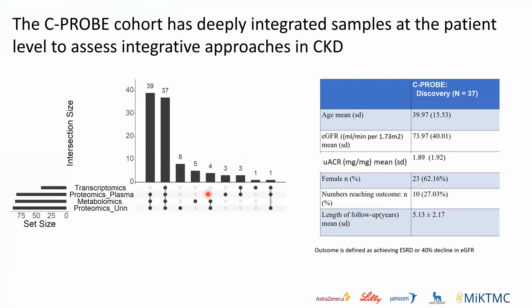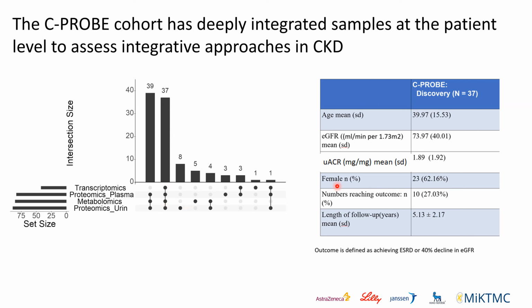In the CPROBE cohort, we have a good opportunity to integrate multi-omics data types for two reasons. First, for 37 patients, we have four omics data types: the transcriptomic profile, plasma and urine proteomic profiles, and also the metabolome profile.